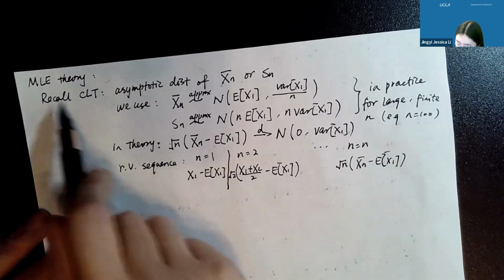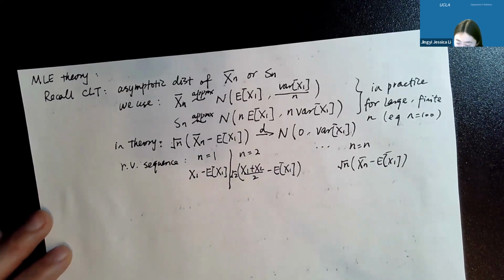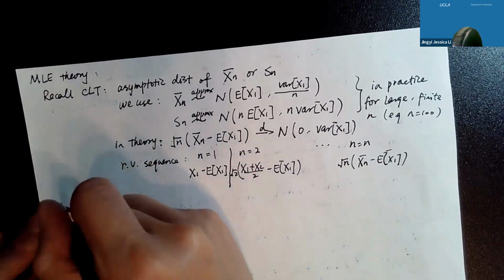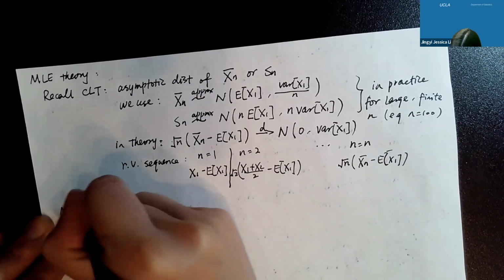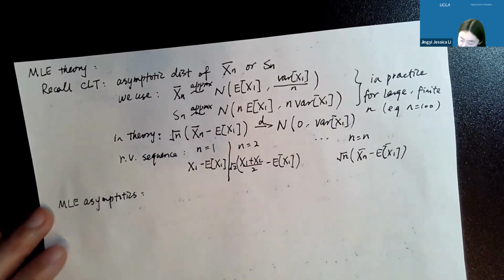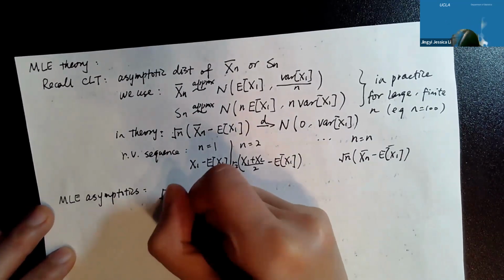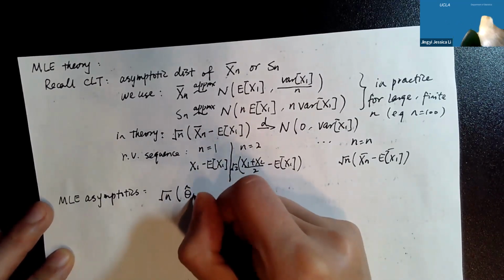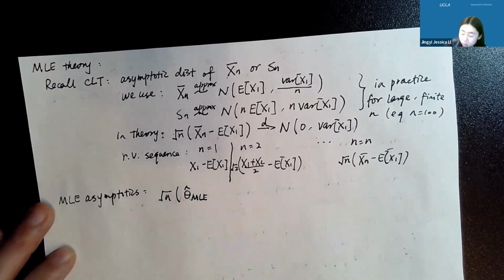So the reason I recall this is because this is very related to what we are going to talk about in terms of the MLE. Okay, so basically, the MLE asymptotics is this. Let me just put down the result for you. So it's also root n, sample size square root, times the MLE, which is our random variable, which is based on a sample of size n, minus the parameter it estimates.